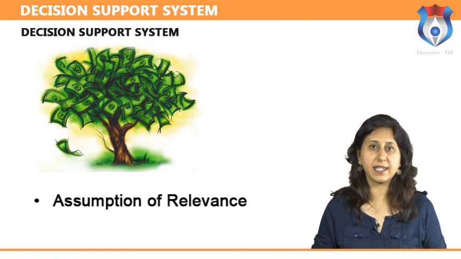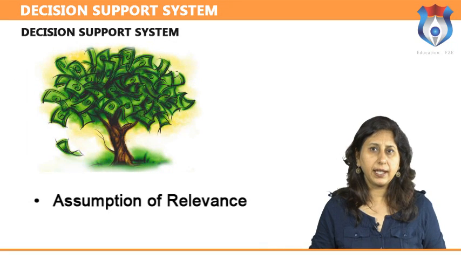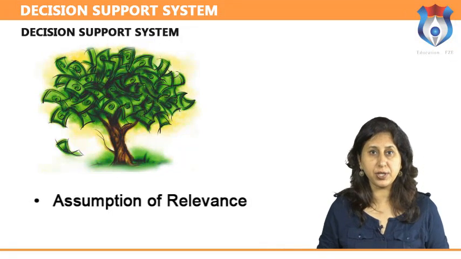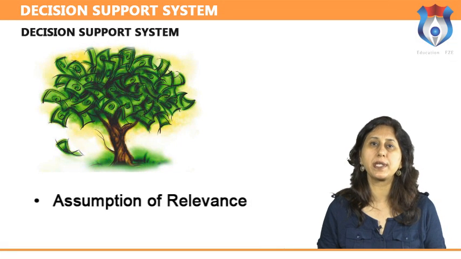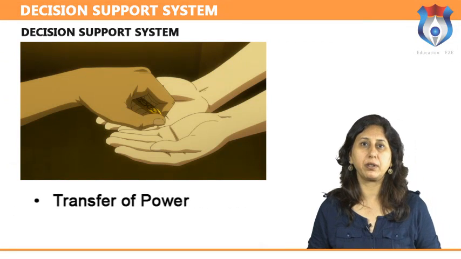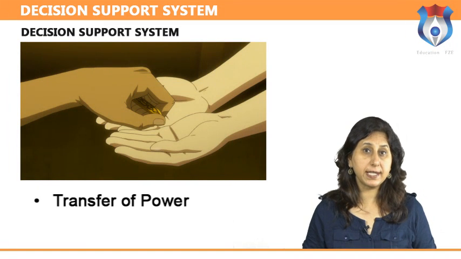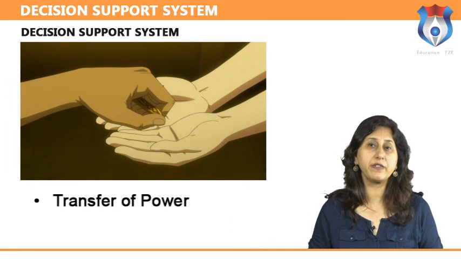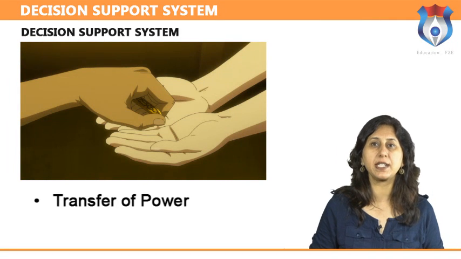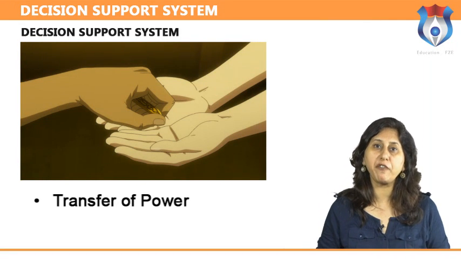Assumption of relevance. The danger is that once decision support system becomes common in organizations, managers will use them inappropriately. Transfer of power. Building decision support system, especially knowledge-driven decision support system, may be perceived as transferring decision authority to a software program.